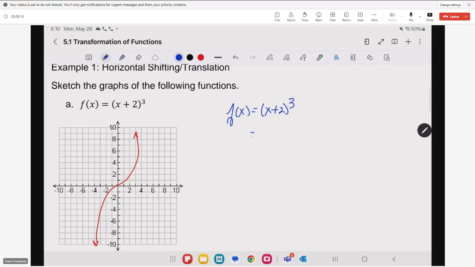So in standard form, this is x minus negative 2. So because it's minus negative 2, we are shifting to the left the absolute value of h, so h is less than 0. So we would shift this 2 units to the left. So everything's going to shift this way, 2 units.